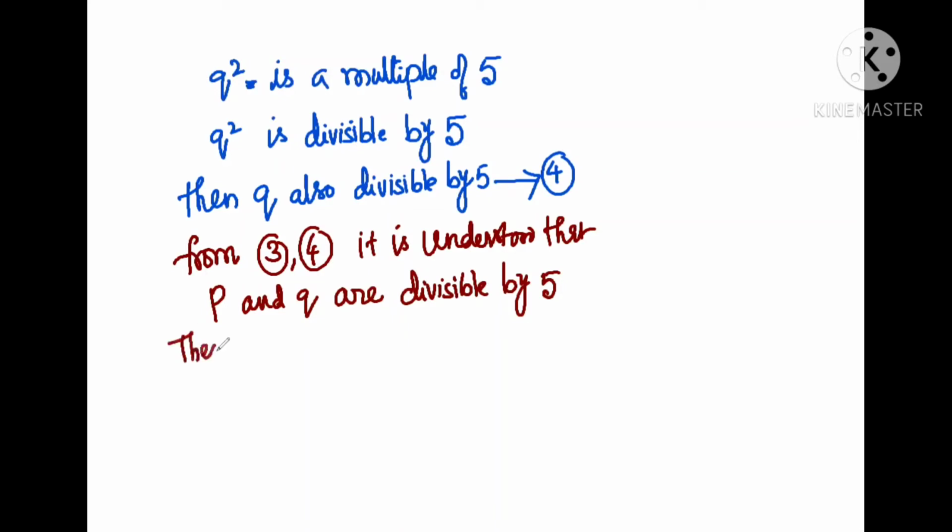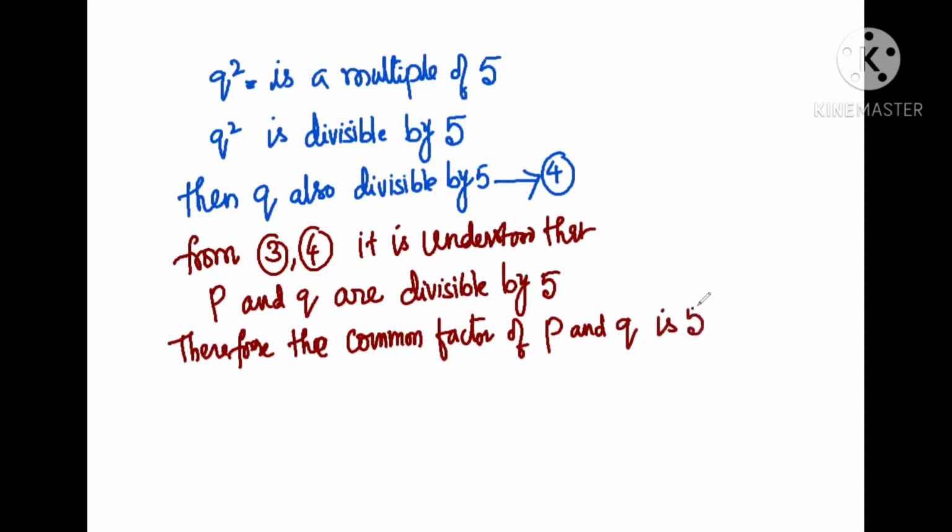Therefore, their common factor, the common factor of p and q, is 5. Now, let's go to our assumption.